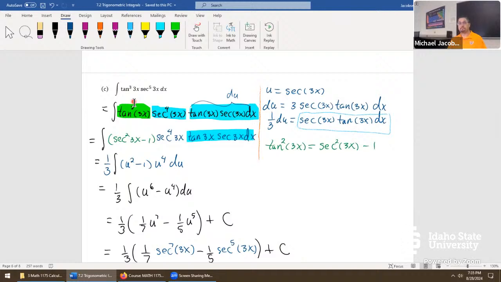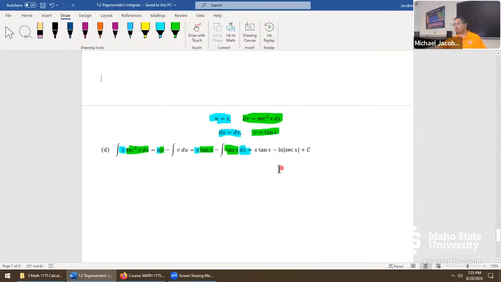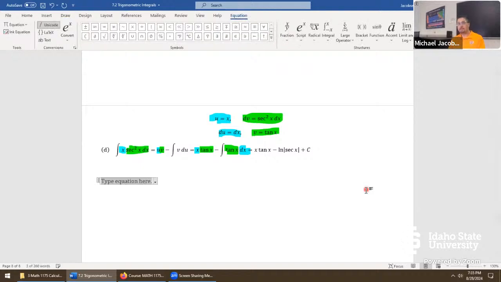Yeah, I got a different answer. On the one on the bottom down here? Yeah, I got x tangent x plus natural log of the absolute value of cosine x. Well, what's going on with that one is if you go negative natural log secant x, suddenly you're in the realm of properties of logarithms. So this is kind of exciting.